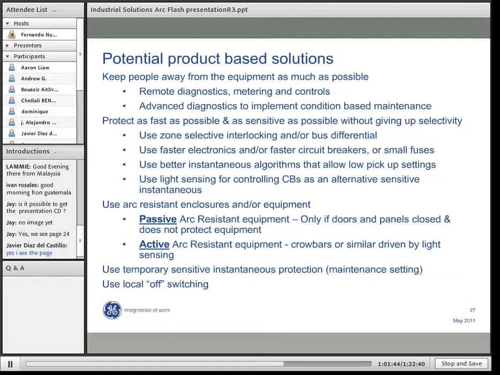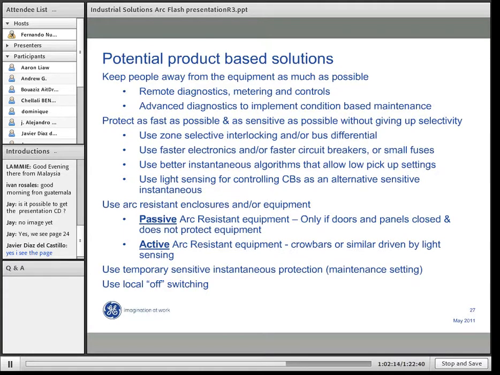And you can use faster and more sensitive protective equipment such as zone selective interlocking, bus differential protection, faster circuit breakers, smaller fuses, and some of the newer circuit breakers have instantaneous protection which can actually be coordinated.